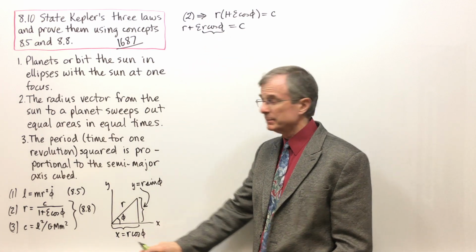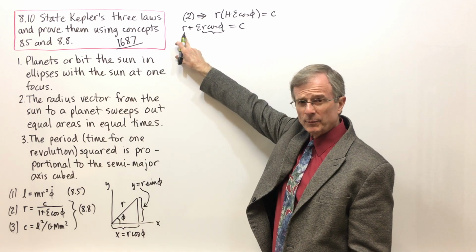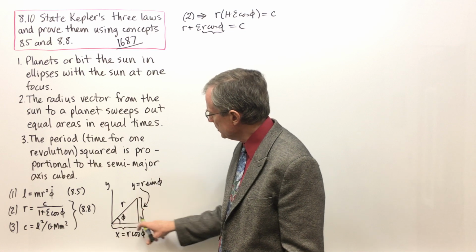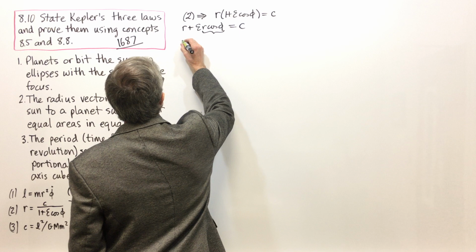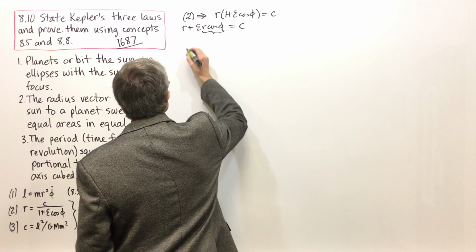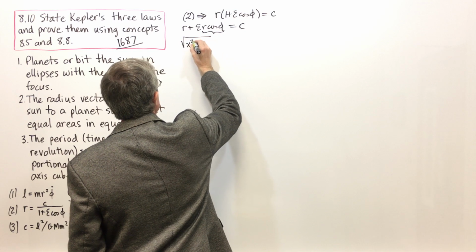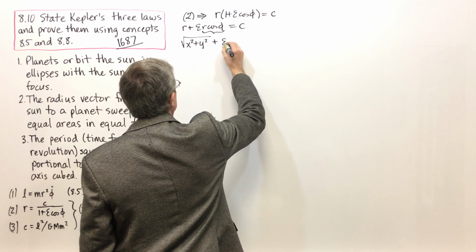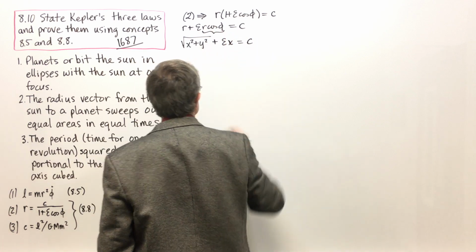r cosine phi, that's just x. And r, we can get, big R, from the Pythagorean theorem. r squared equals x squared plus y squared. And so r itself is the square root of x squared plus y squared plus epsilon times x equals c.